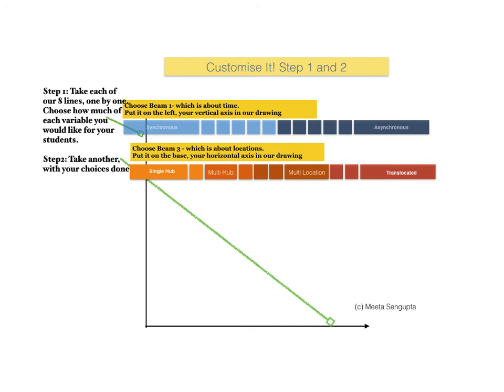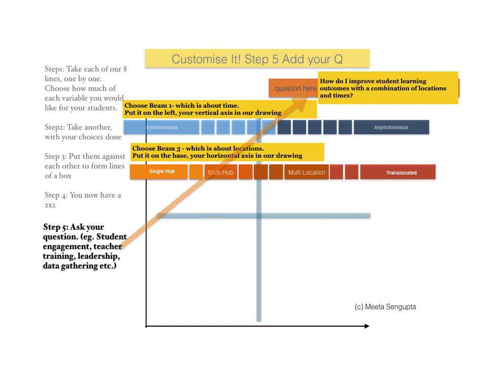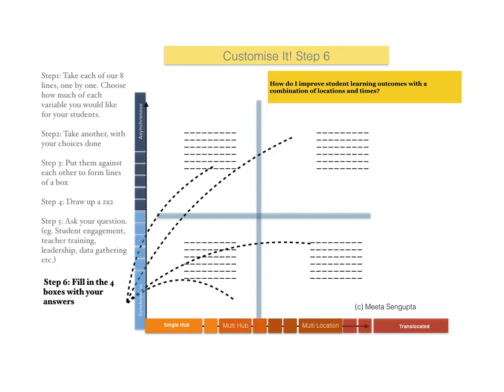That's our first 2 steps down. Step 3 and 4, we draw our lines in between. So we have our 2 by 2 in place. Step 5, ask your question. We started with the question, how do I improve student learning outcomes with a combination of locations and times? So here we are. We have our grid and we have 4 boxes that we need to fill with our answers.